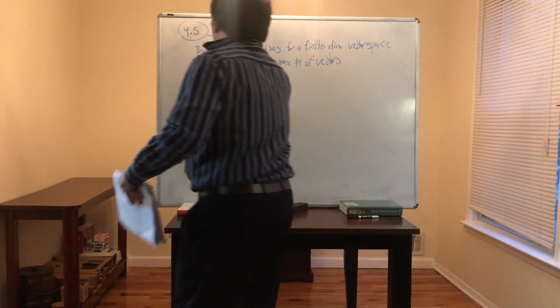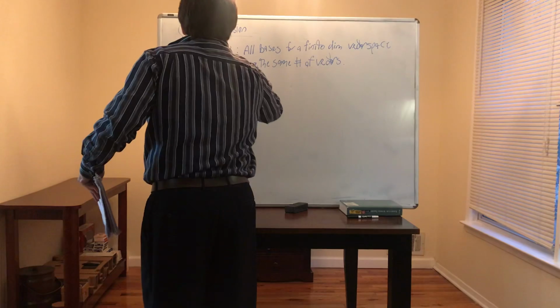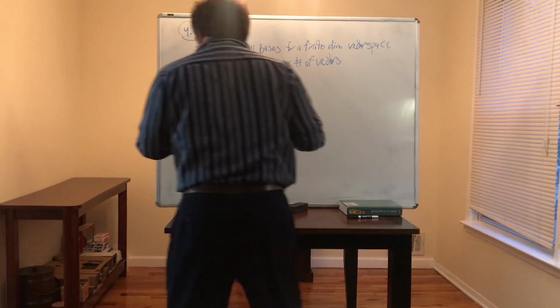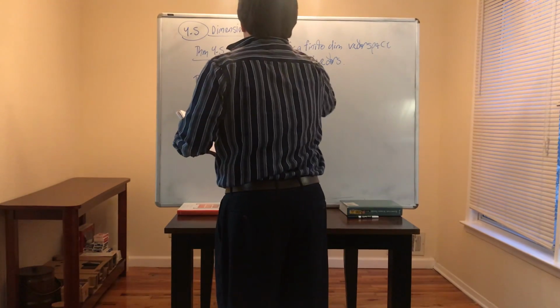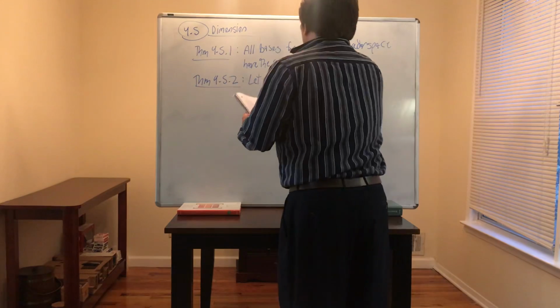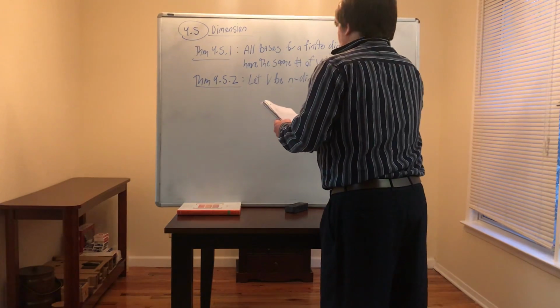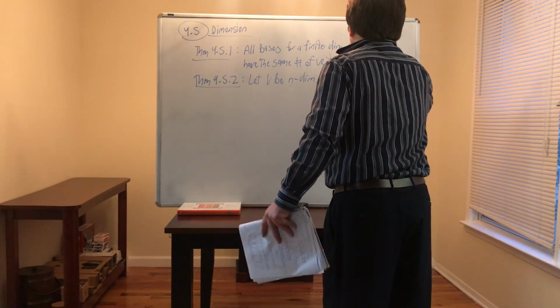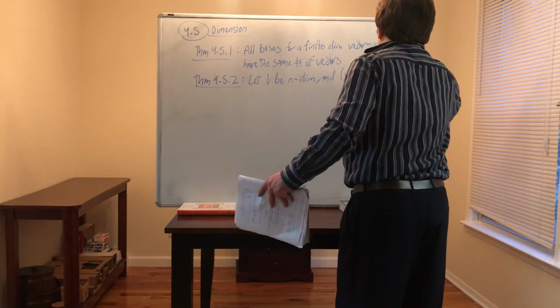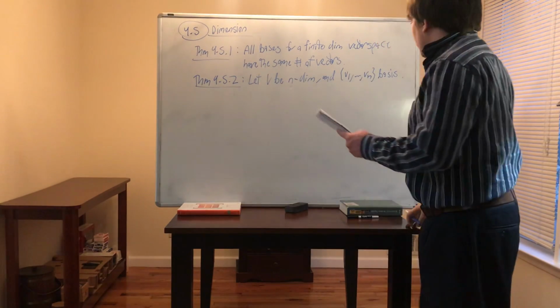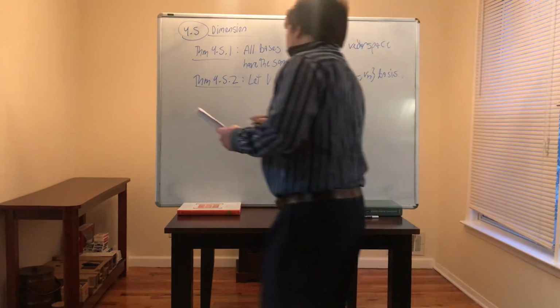Theorem 4.5.2. Let capital V be n-dimensional as a vector space, and V1 to Vn is a basis for that vector space. Okay? Any basis.